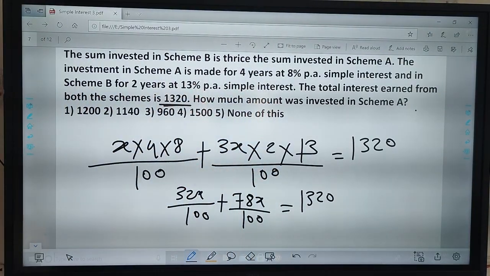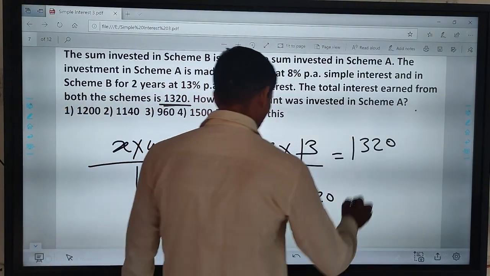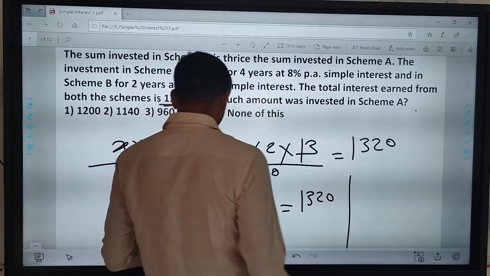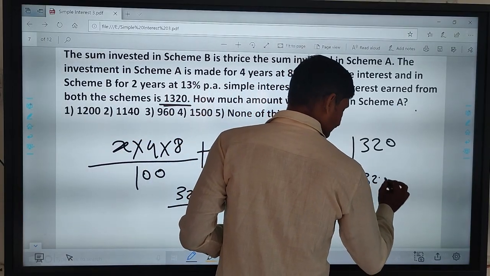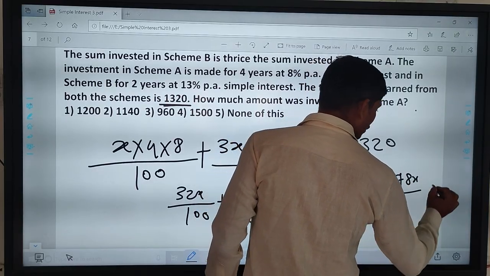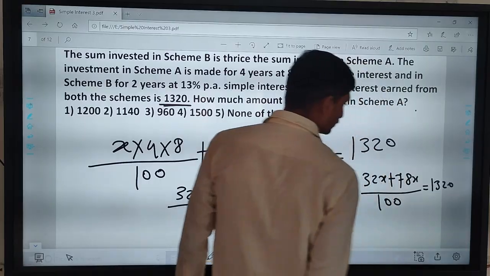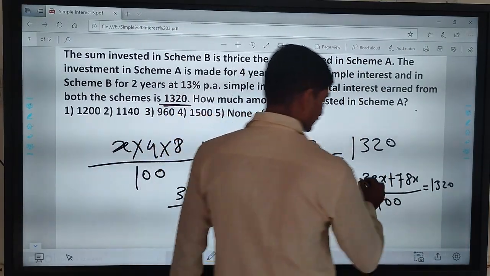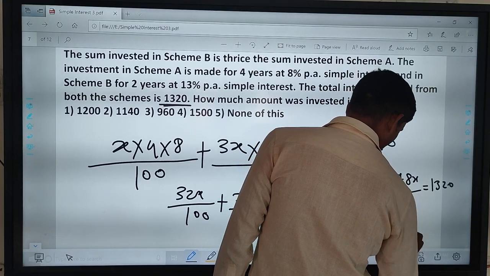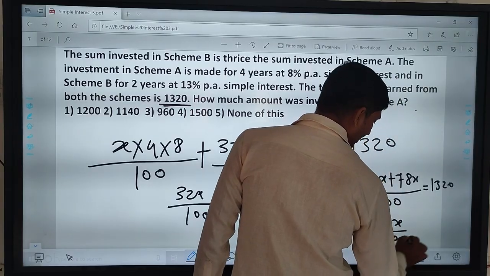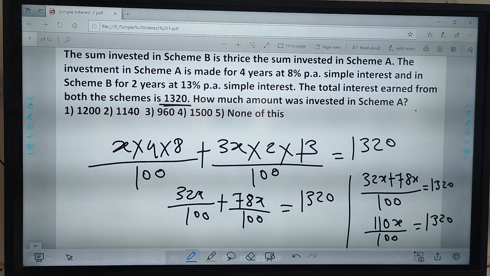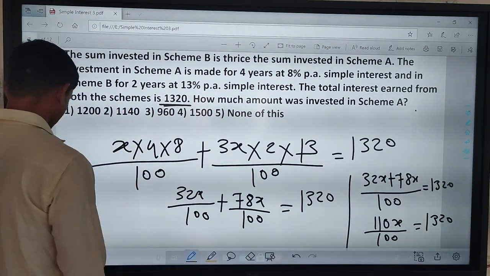Now we take addition of these two: 32x plus 78x divided by 100 is equal to 1320. Now solving these two, 110x divided by 100 is equal to 1320. Now we solve these two.